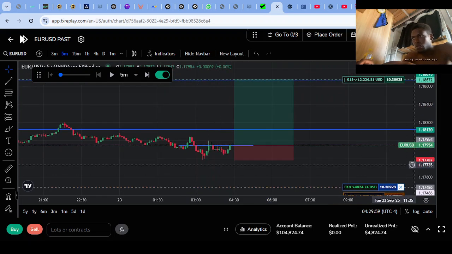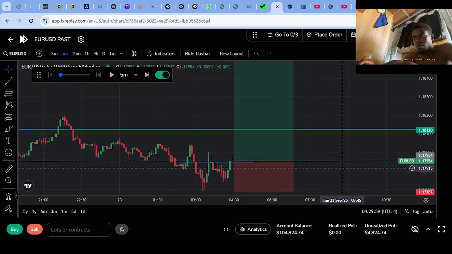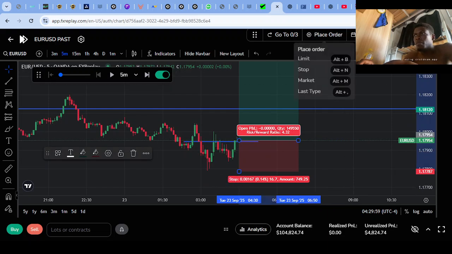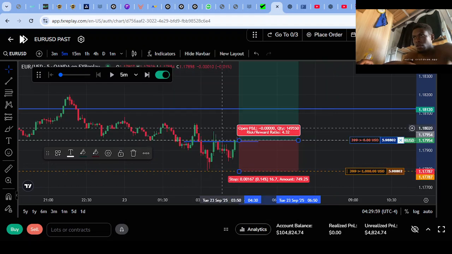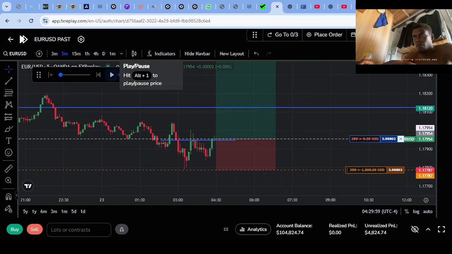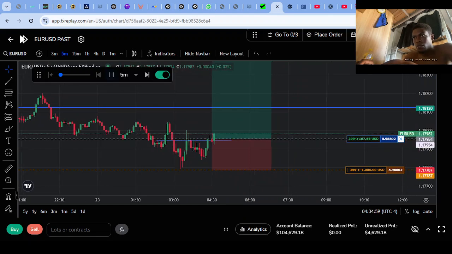Right, you could target 2%, you could target 3%, 2% being the minimum. So we enter the trade using a market order, and boom, see how it goes.